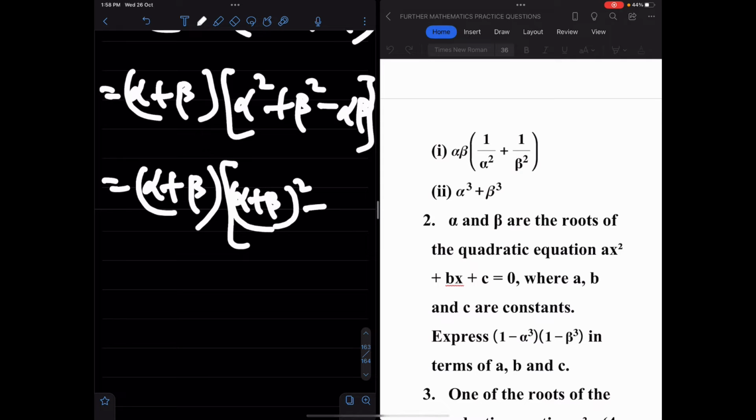Then minus another alpha beta. So that's actually minus 3 alpha beta. So that's going to give me alpha plus beta all squared minus 3 alpha beta. I hope you're not confused. I just want to write everything on the same line.